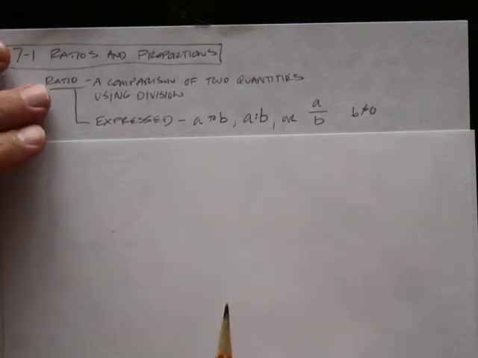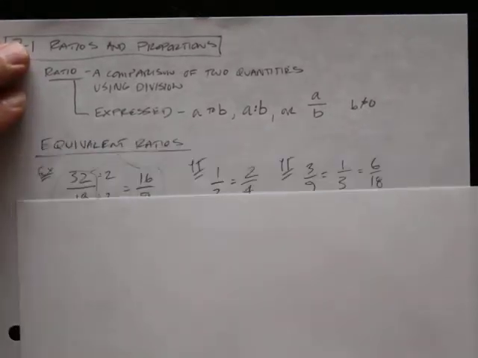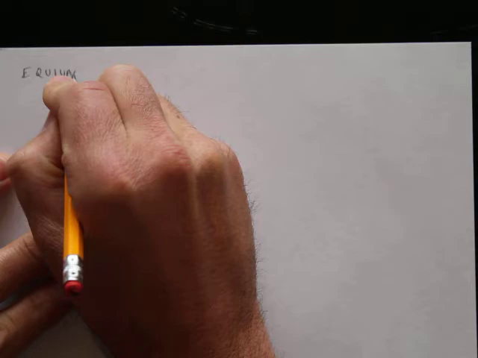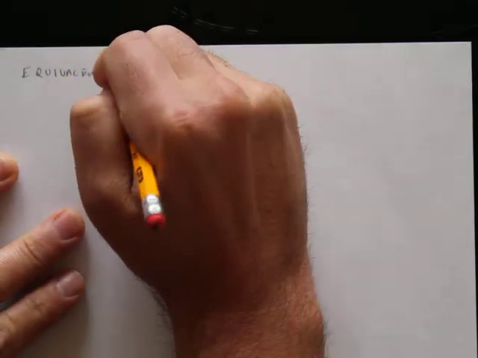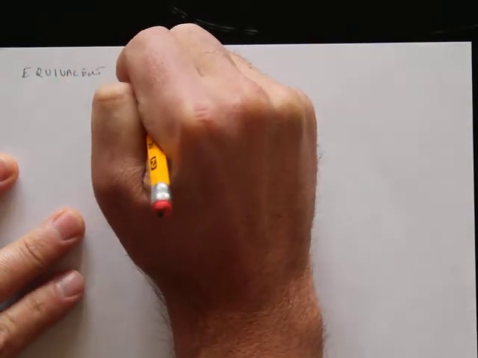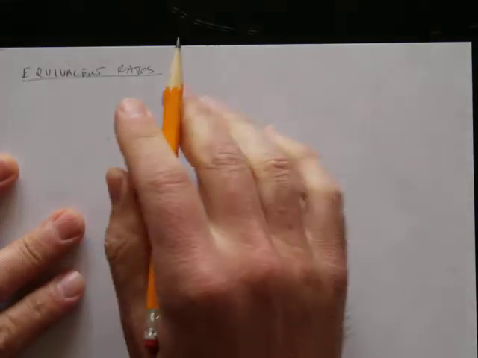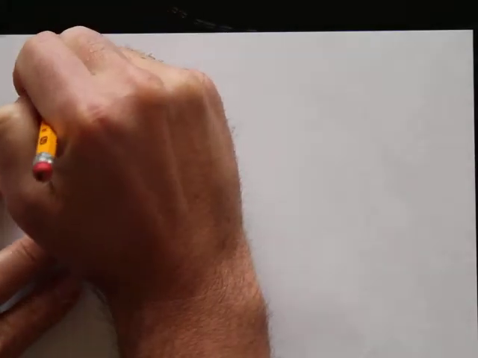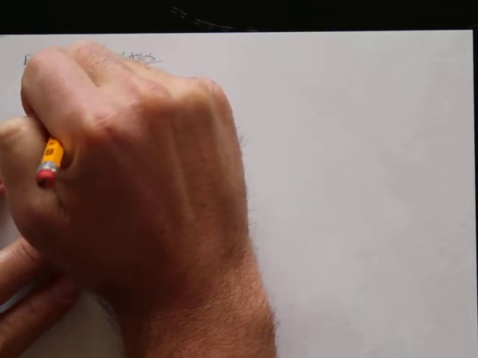So you might want to pause and get this down because I'm about to take it away. Because we're going to look at equivalent ratios together. So equivalent ratios, here's an example. 32 over 18.